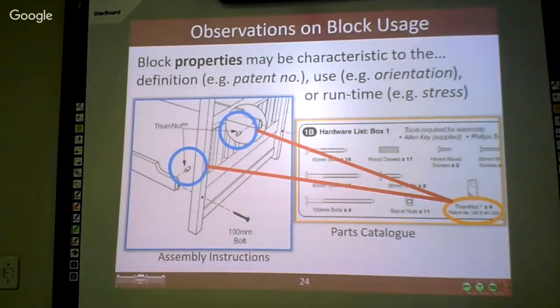And then finally, at runtime, when we have our bed and we are sleeping in it, we will also know some more information about these specific elements, for example, the stress that they have.